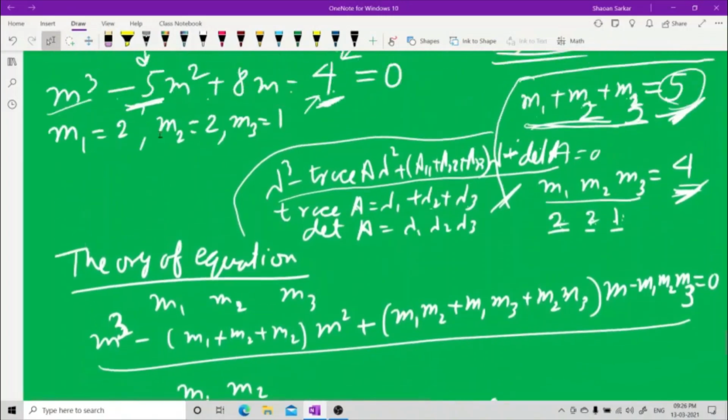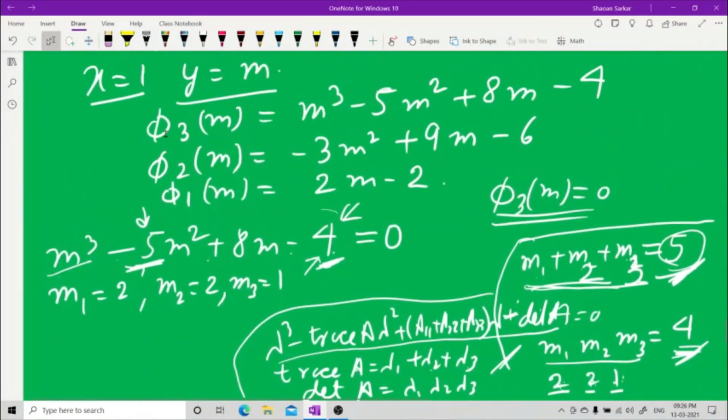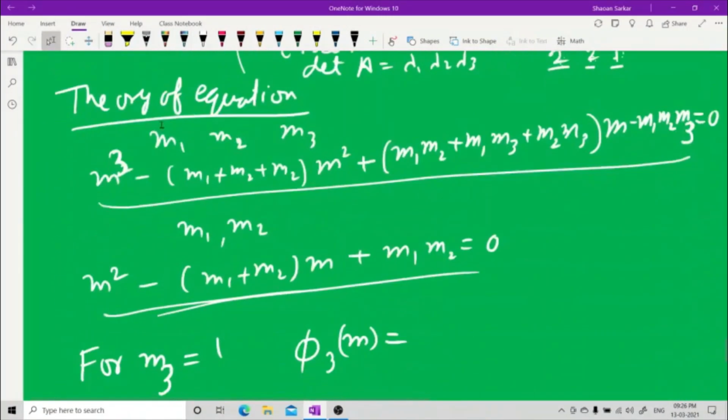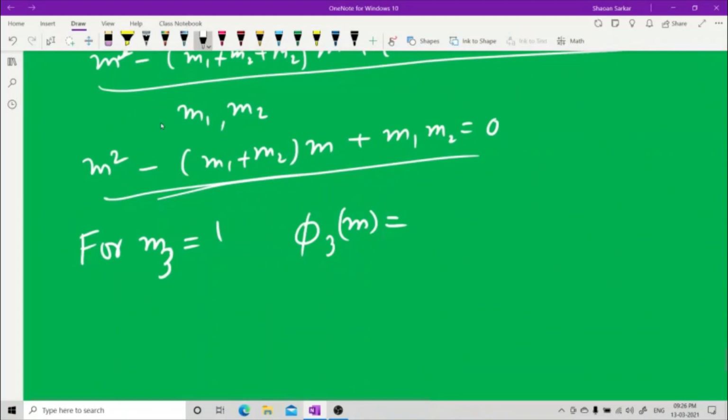Check. It is m cube minus 5m square plus 8m minus 4.